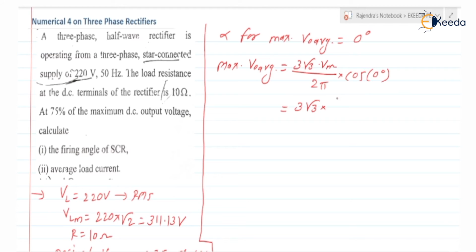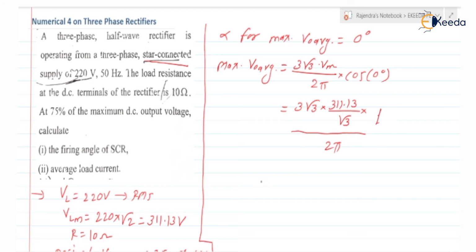So 311.13 divided by root 3, as the supply is star connected, right? So we need to take this VLM, the peak value of line voltage, divided by root 3, which will give the peak value of the phase voltage. Is this clear? Whole divided by 2 pi into cos 0.